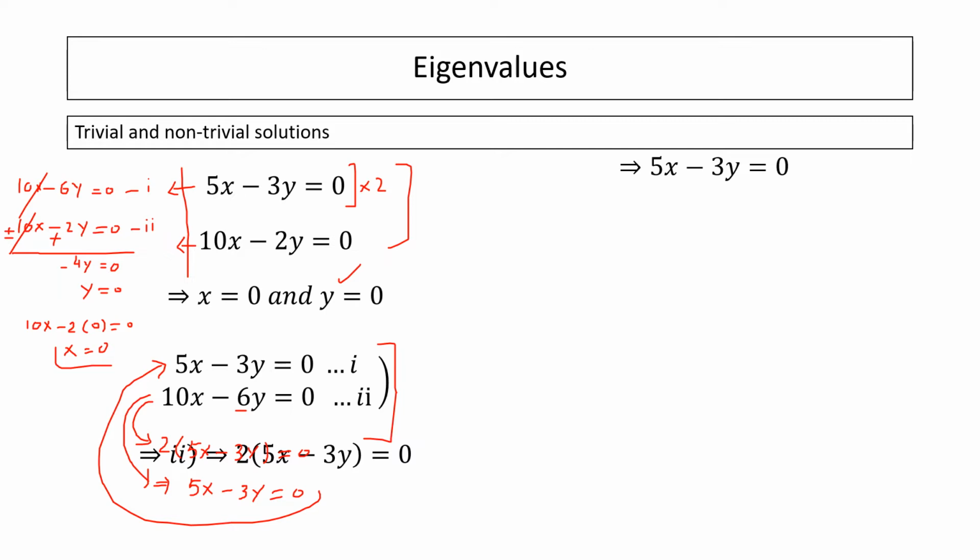So we cannot find a unique solution, and if we want to find one of the variables from it, suppose I'm going to find x from it. So 5x equals 3y.